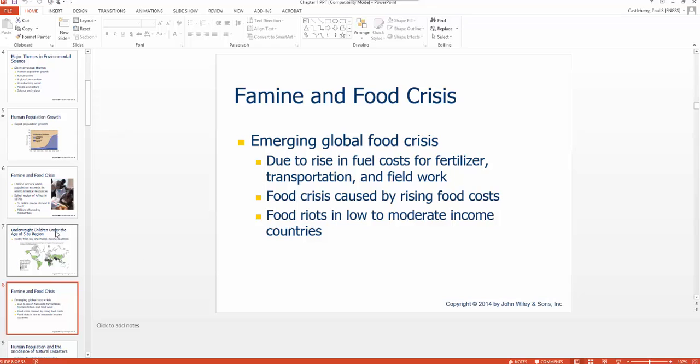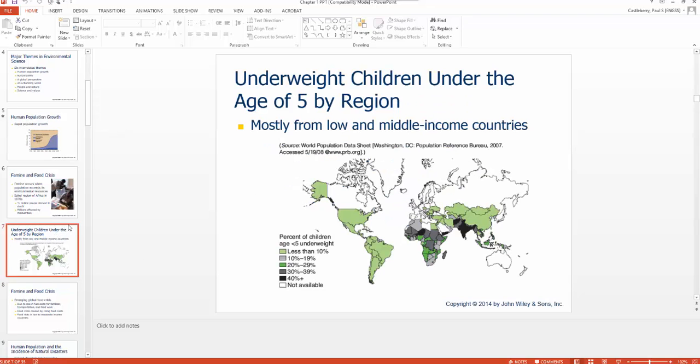And one of the charts here, it's kind of a sad situation, but what you're looking at here is malnutrition of children under the age of 5 by region. And you've got a lot going on in this graph, but here we're looking at percent of children less than 5 who are underweight. In areas in green, which you see North and South America, less than 10% of children under the age of 5 are underweight.